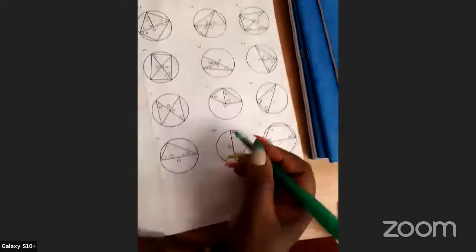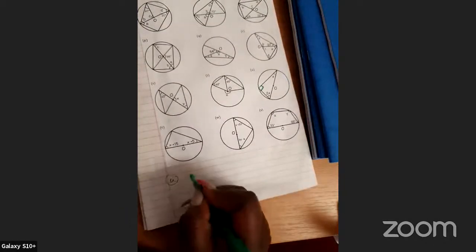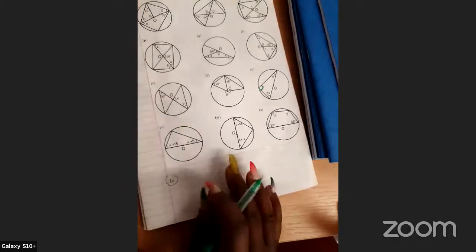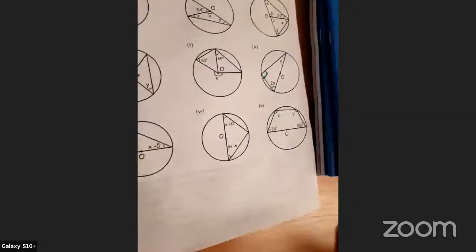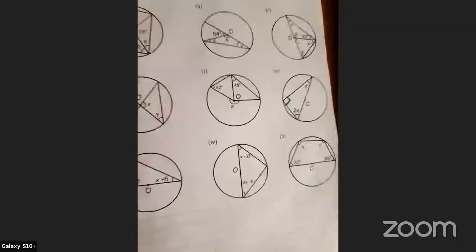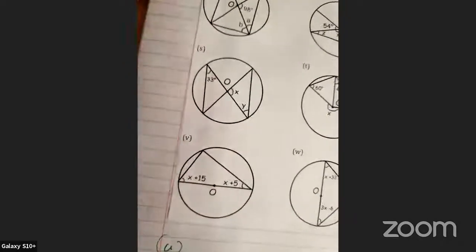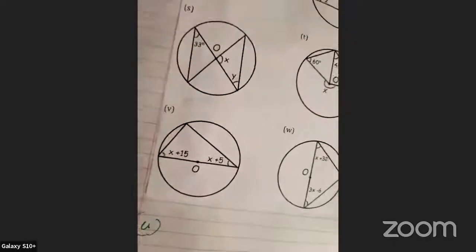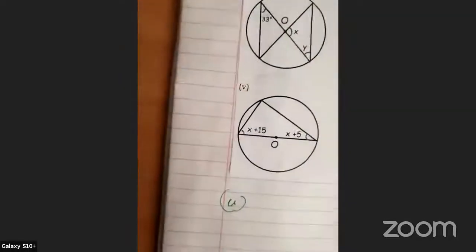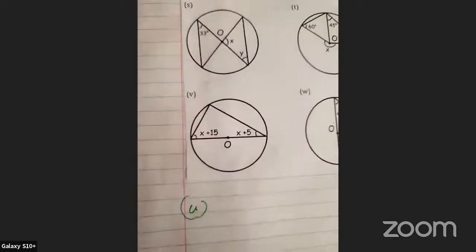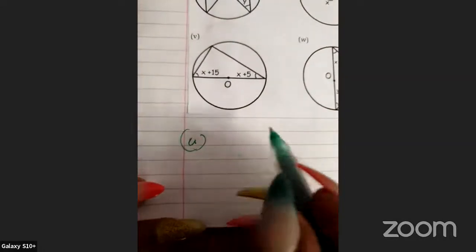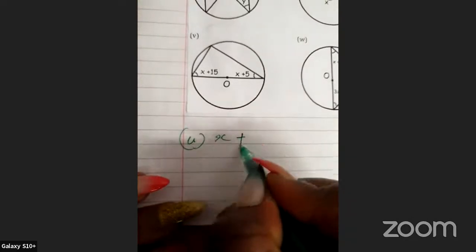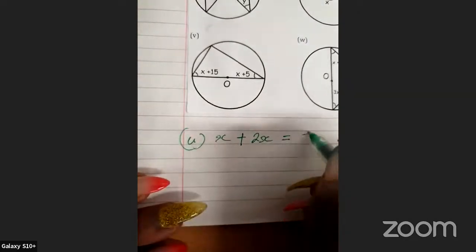So let's just do that bit. I therefore know that x plus 2x equals 90 degrees.